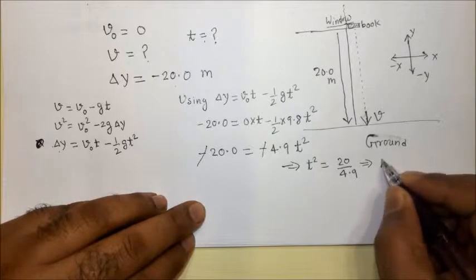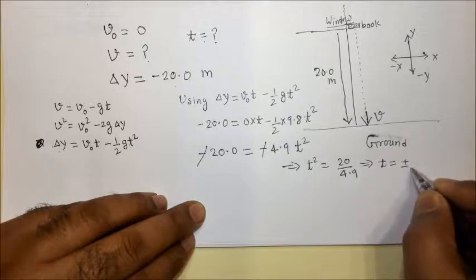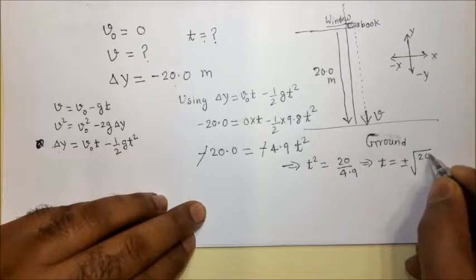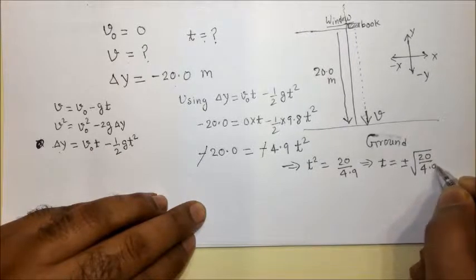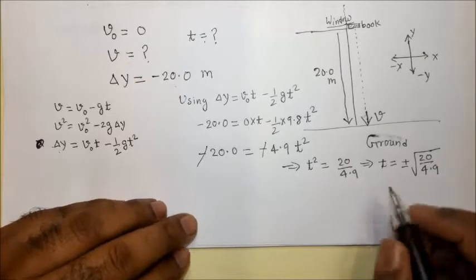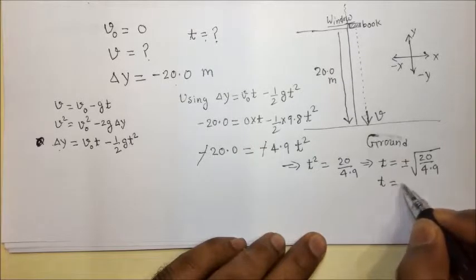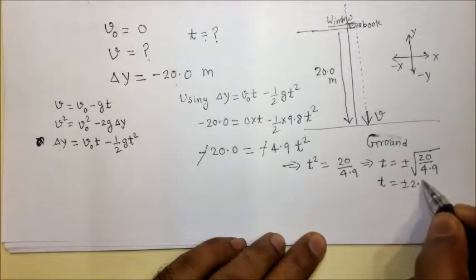So t is equal to plus minus square root of 20 over 4.9. Okay, this t will be plus minus 2.02.